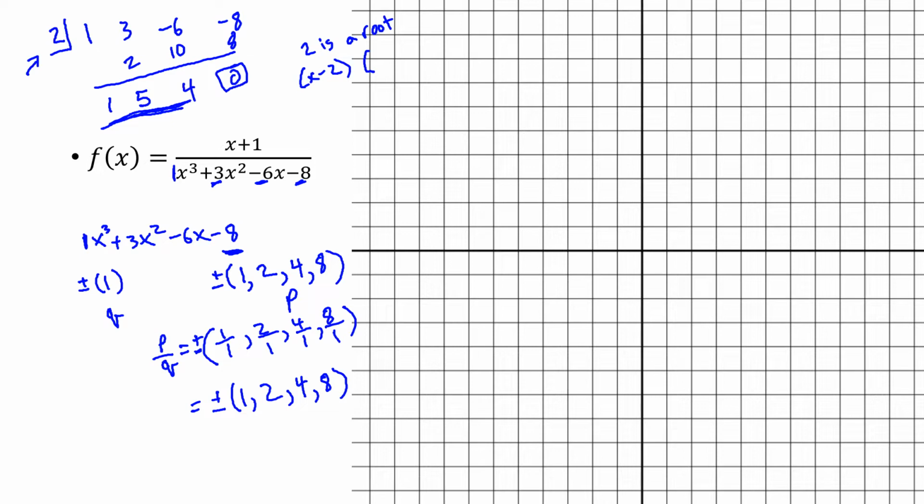Remember that we started with a power of 3 here for 1x cubed. Then we had a power of 2 here for 3x squared. And we had a power of 1 here for negative 6x.